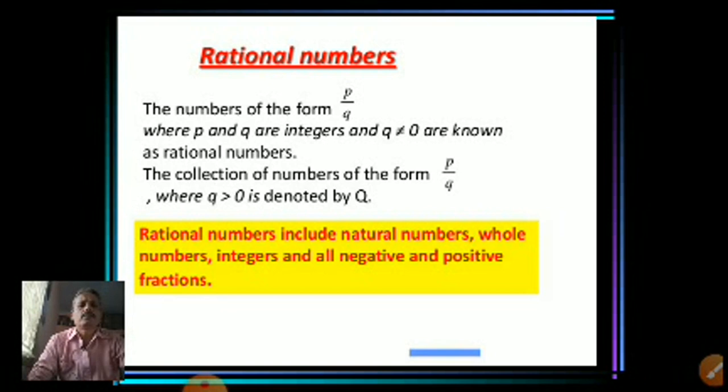The collection of numbers of the form p upon q, where q is greater than 0, is denoted by Q. That's the natural numbers, and then after that whole numbers W, Z, as rational numbers are known as Q. Rational numbers include natural numbers, whole numbers, integers, and negative and positive fractions also.